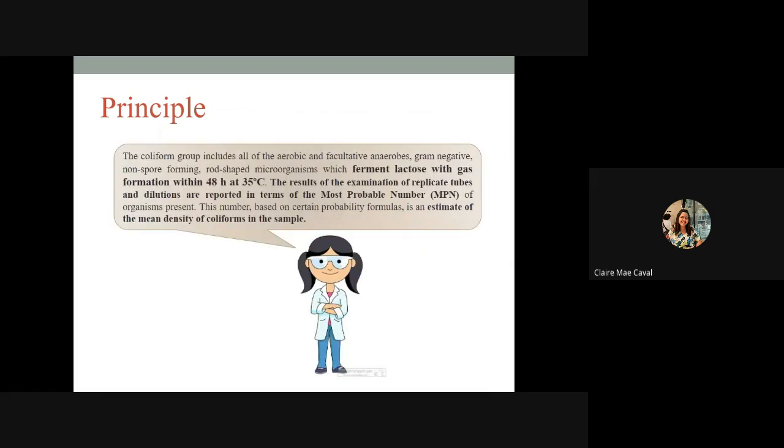The coliform group includes all the aerobic and facultative anaerobes. These are your gram-negative, non-spore forming, rod-shaped, or gram-negative bacilli, which ferment lactose with gas formation within 48 hours at 35 degrees Celsius.